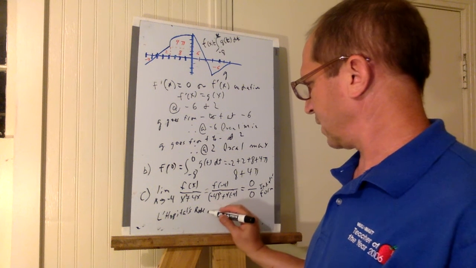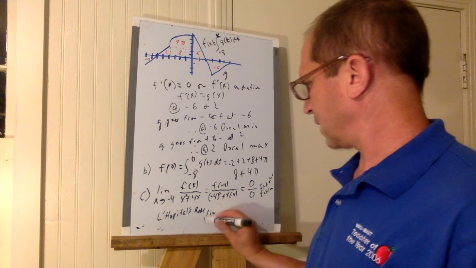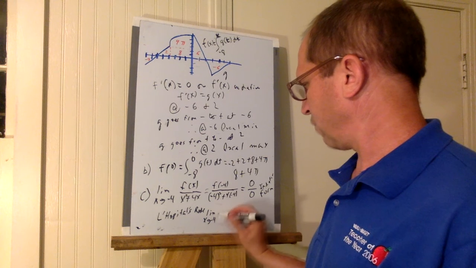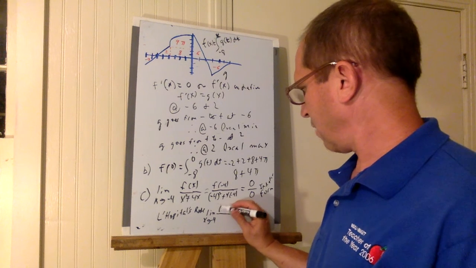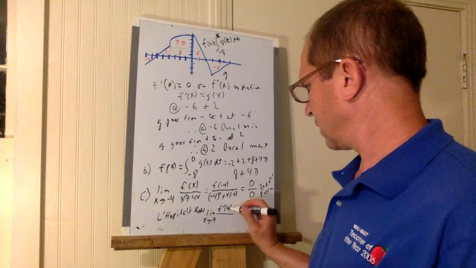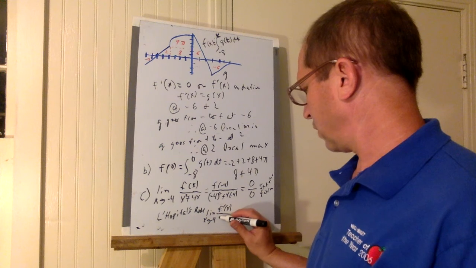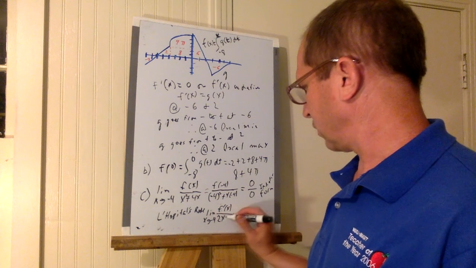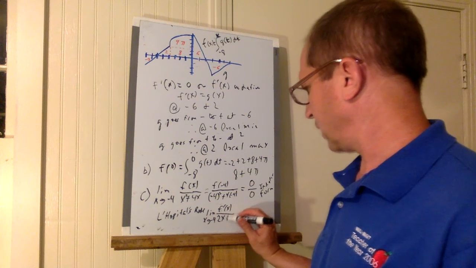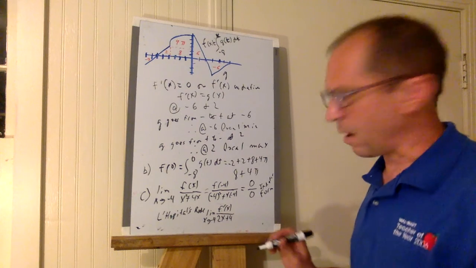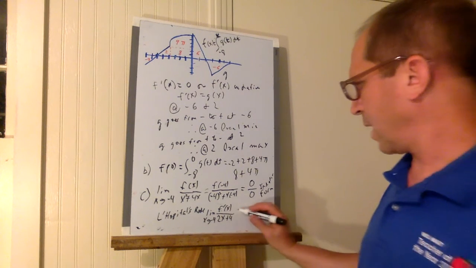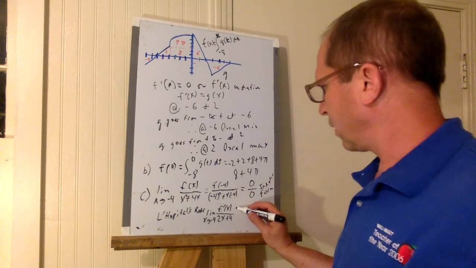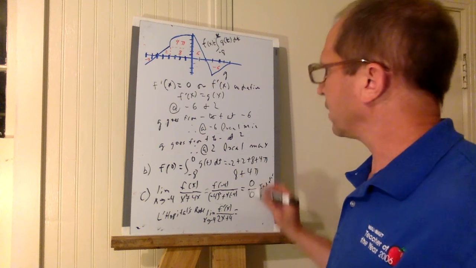Which says that that would be the limit as x approaches negative 4 of f prime of x over, and then the derivative of the denominator. Remember, it's not a quotient rule here, but the derivative of the denominator is 2x plus 4. All right, so from here, f prime of negative 4 is the same thing.